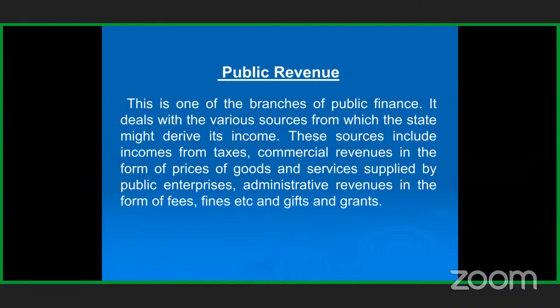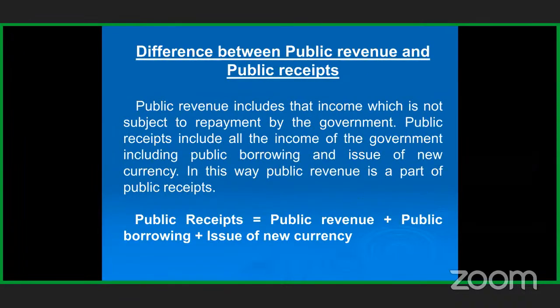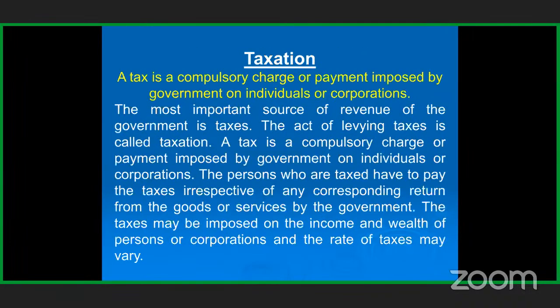So it is a part of public revenue. Here, a tax is a compulsory charge or payment imposed by the government on individuals or corporations. If the tax is imposed on the income earned by a person or individual, it is known as income tax.